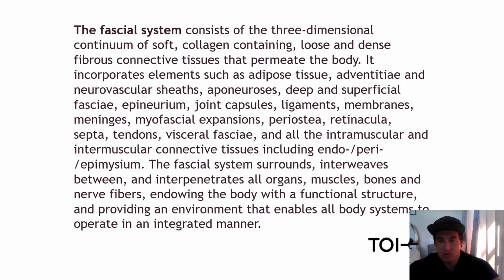Examples of things like adipose tissue, surroundings of nerves and blood vessels. We've got deep and superficial fascia, and the different connective tissues that surround structures within a muscle.